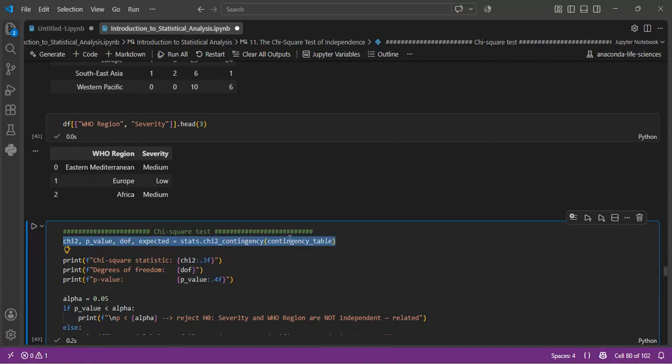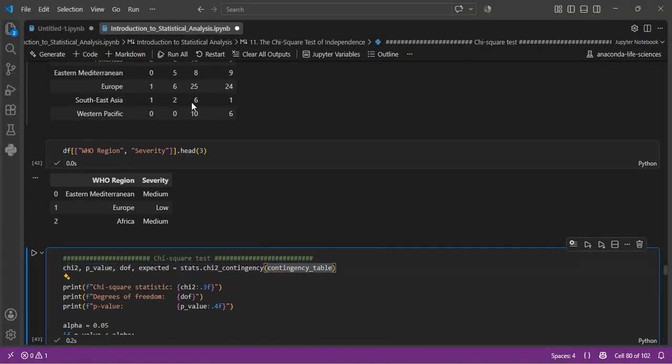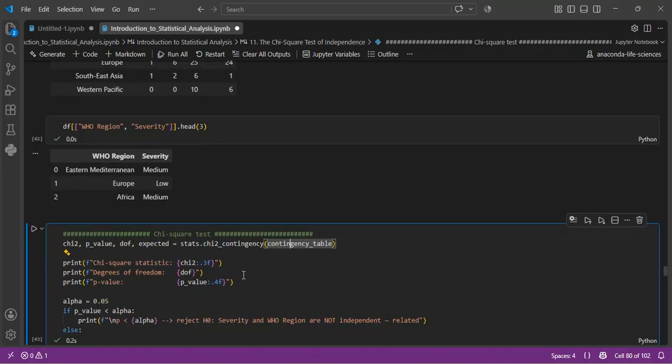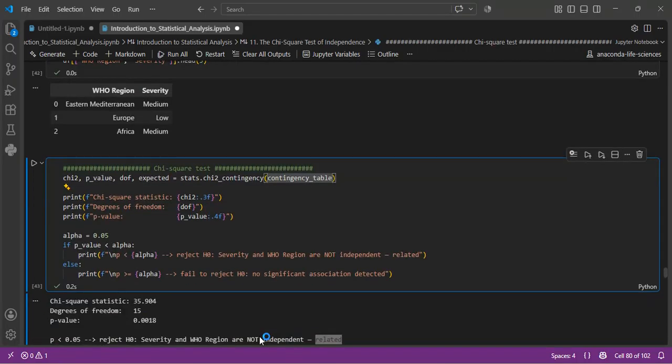Once we have the value, we compare the p-value, which tells us whether that particular relationship is by random or is a significant value.